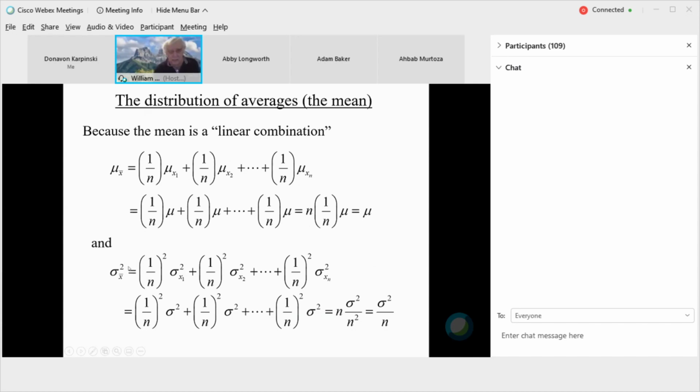Now the next one is giving the variance of x bar. We square each one of these weights, multiplied by the variance of each x value. They have the same variance, sigma squared. So we get n terms equal to sigma squared over n squared, which is sigma squared over n.